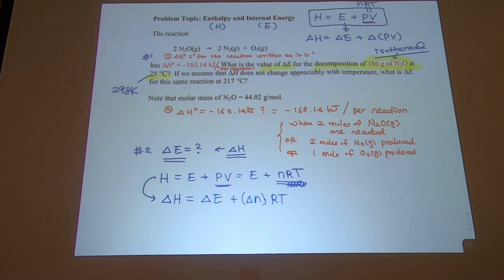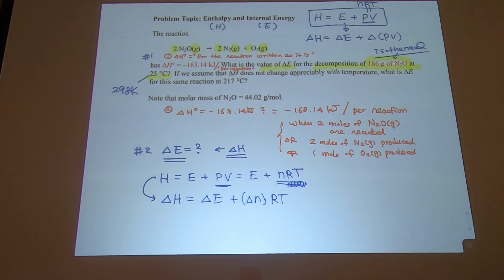And then let me pay attention to this reaction. You see the information of gas here, and gas. When we use this equation, I only count the gas. If you see the liquid, ignore that because it does not occupy much volume. It's a small quantity that you don't have to consider. So all I need is to look at the gases and count how many moles are involved before and after.